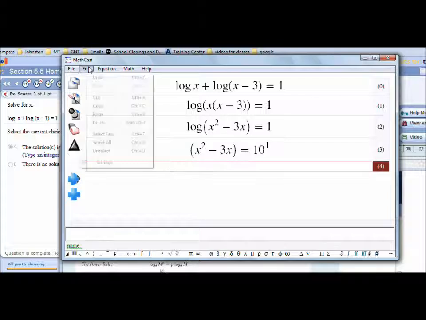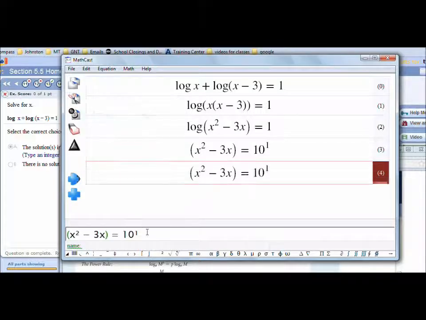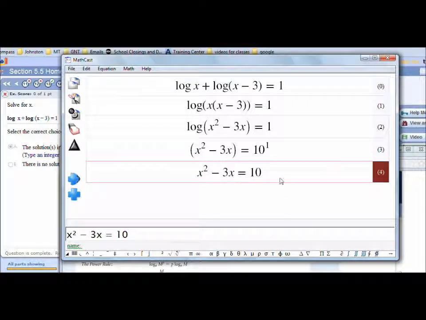And so what we have here now is x squared minus 3x is 10. That's what you have. You are now going to need to simplify this, and you need to subtract 10 from both sides. Like that. The right side over here will equal 0.